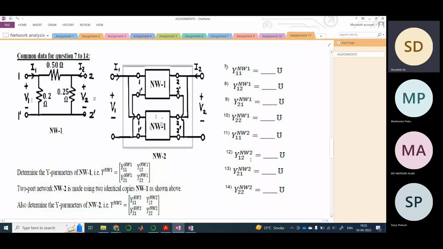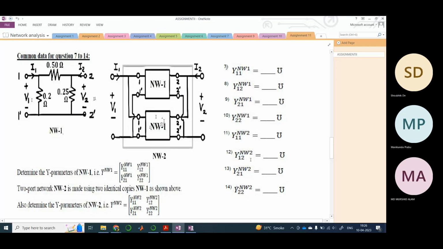Because we need to derive the equation of this kind of two port network, where one network is connected with the other. We need to derive it, and then finally we will be able to solve questions 11 to 14. Otherwise you can't solve. So you need to understand whether this is a cascade connection, series connection, or a parallel connection.